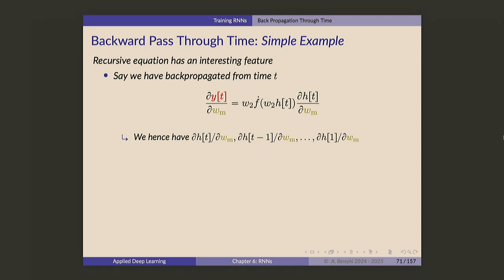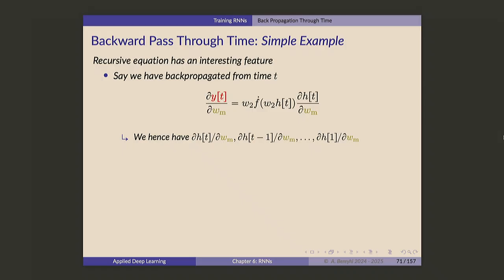Well, so now what you usually do in time is that, as I told you, since the formulas are exactly the same, one thing that you should keep in mind is that when you are backpropagating through time, you really don't need to do the whole backpropagation for every single output, right?